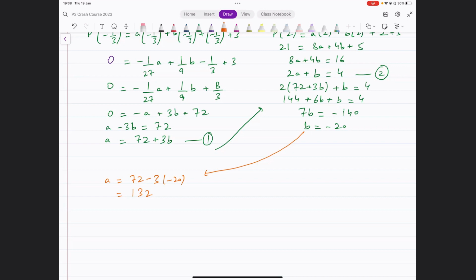Oh, sorry, yeah, it's plus 3b. Thank you for that. This is plus 3b. So that becomes 72 minus 60. That's actually 12, not 132. This is just 12. The value of a turns out to be 12. This is what we had to find. We had to find the values of a and b. a is equal to 12 and b is equal to minus 20.